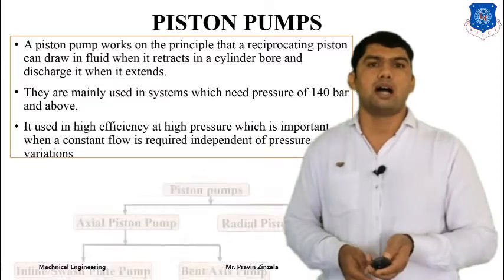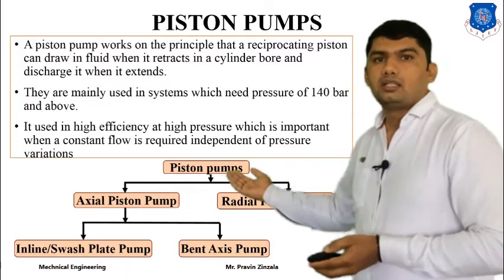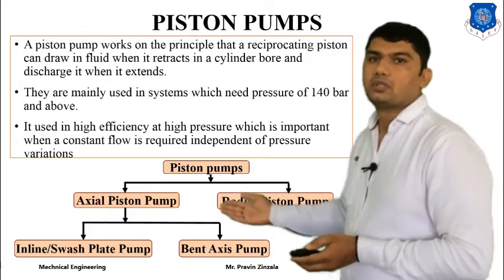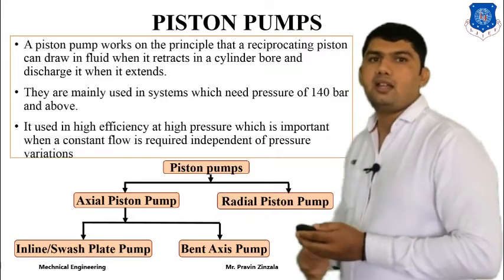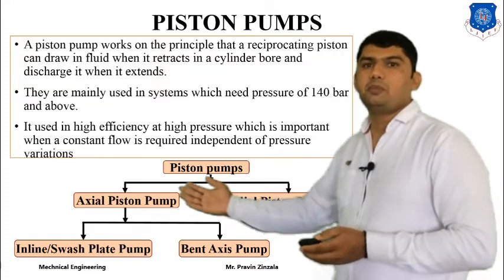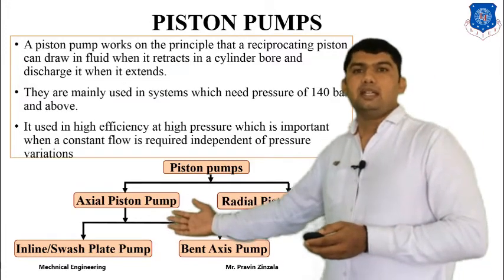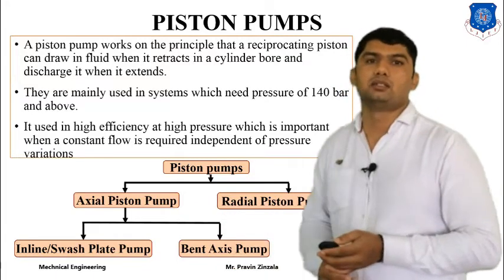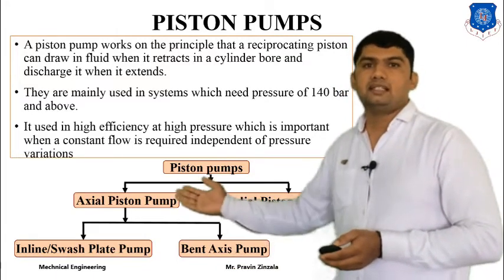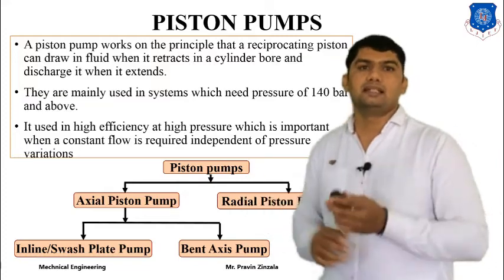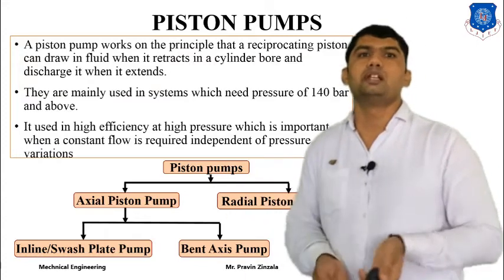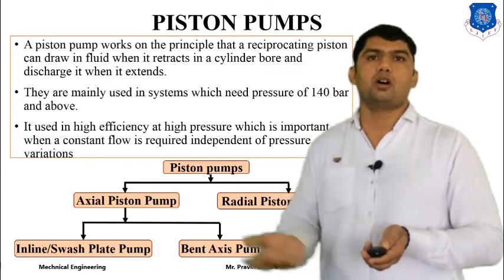Here is the classification of piston pumps. Piston pumps are generally of two types: axial piston pump and radial piston pump. The axial piston pump is further classified into inline or swash plate piston pump and bent axis piston pump. In an axial piston pump, the axis is the same, while in a radial piston pump, two or more cylinders are used for the outlet of fluid.